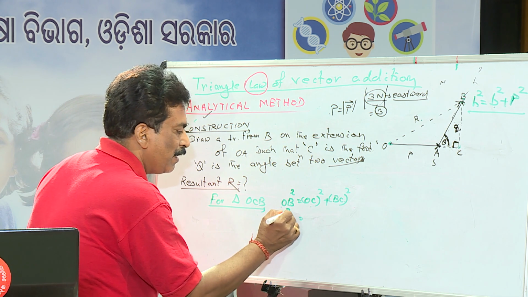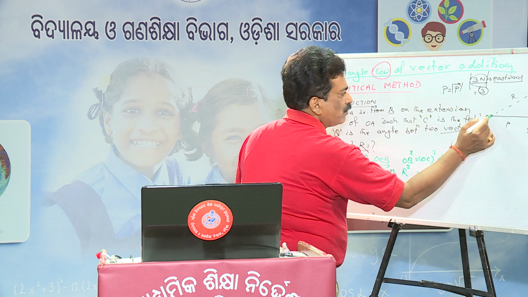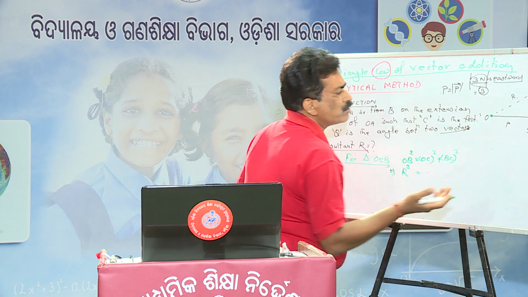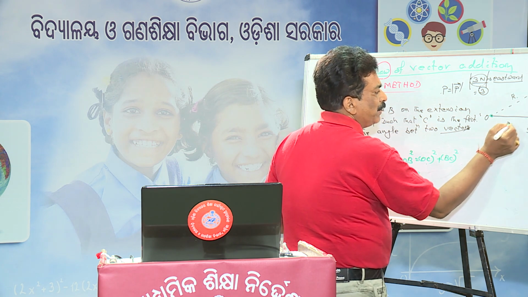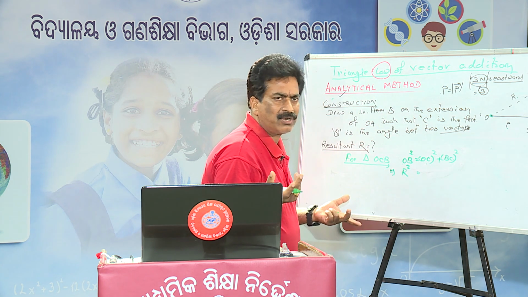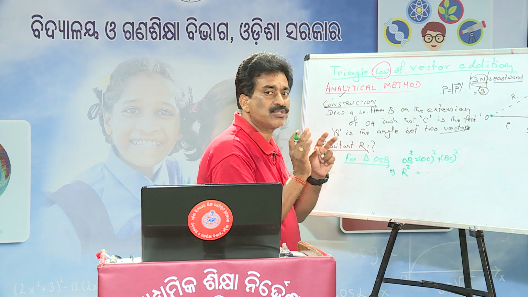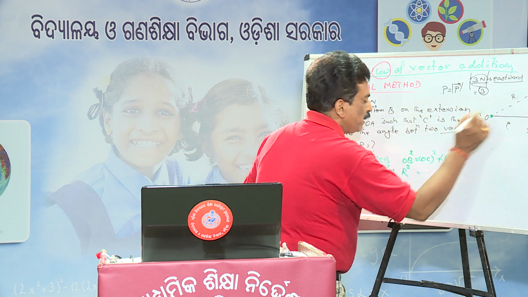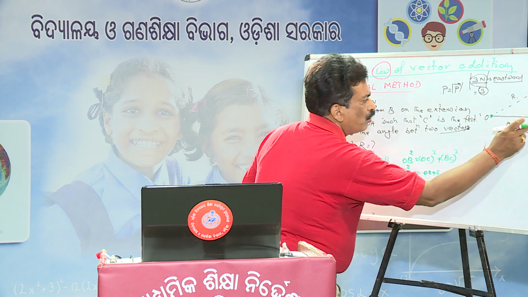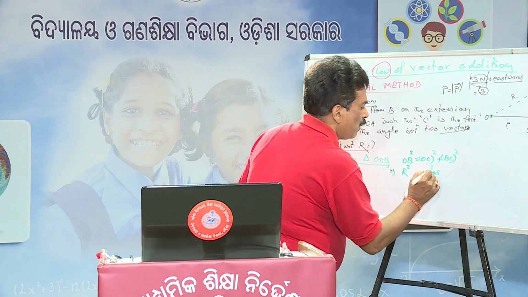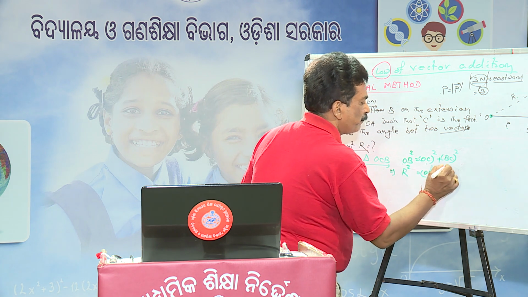OB square, that is R square, is equal to OC square. You see, OC has no magnitude given. OA is the magnitude of P, AB is the magnitude of Q, but OC has no magnitude according to the given data, and OC can be written as OA plus AC.